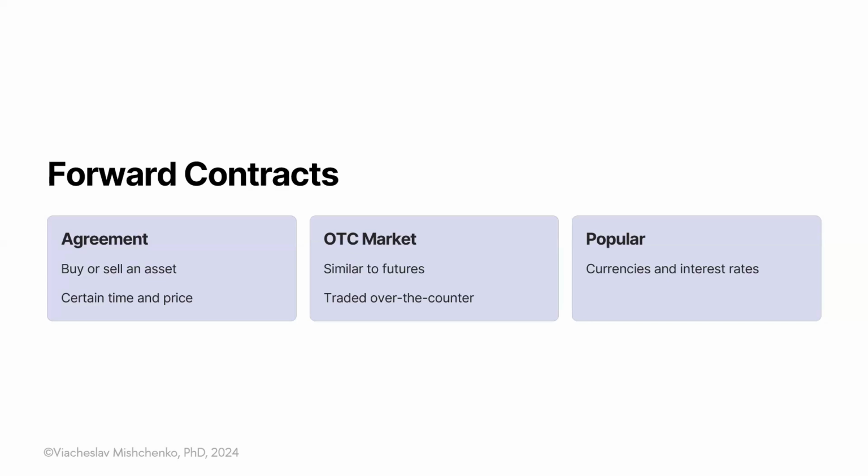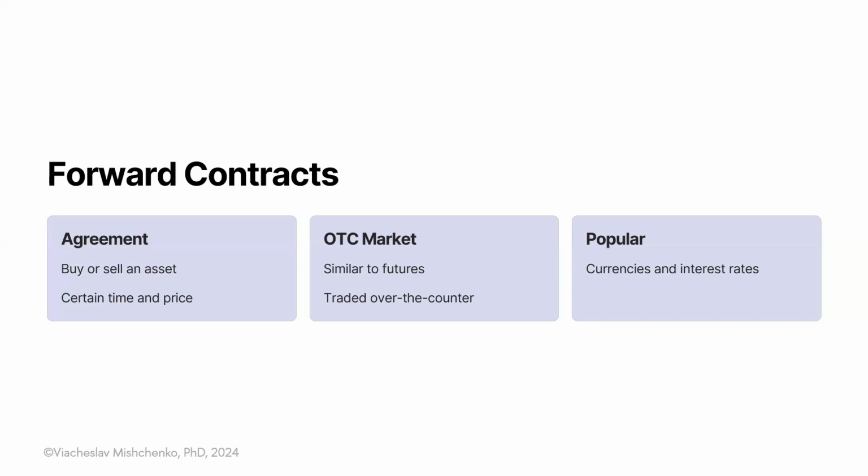In my experience, I've seen forward contracts used extensively in the currency market. For example, a US-based company expecting a large euro payment in 6 months might enter into a forward contract to lock in the exchange rate, which might protect it against potential currency fluctuations.